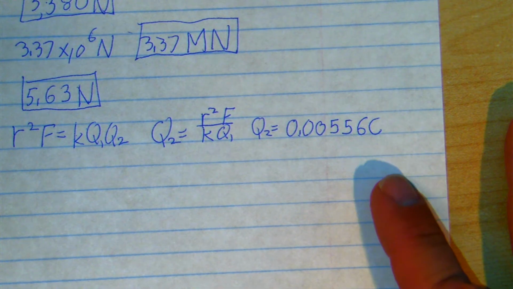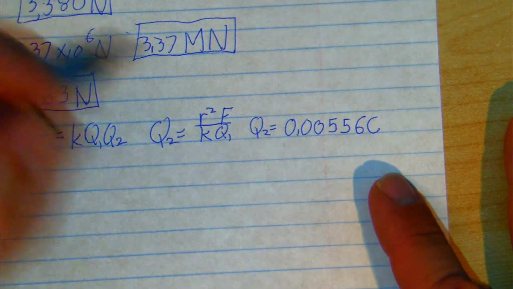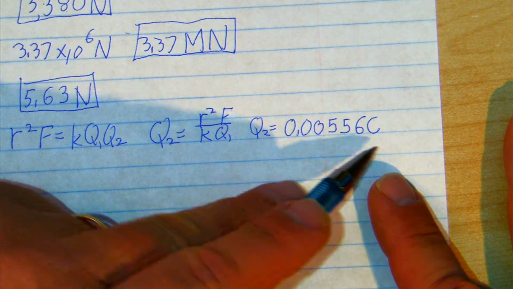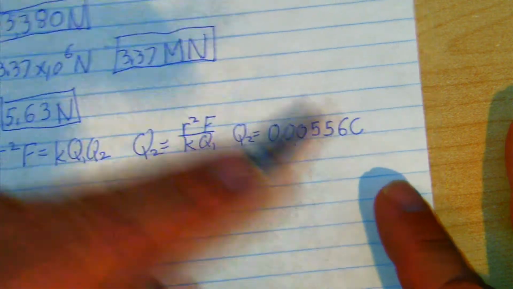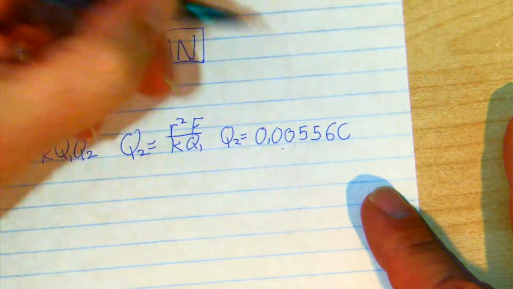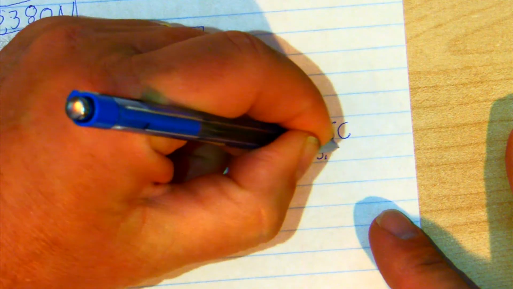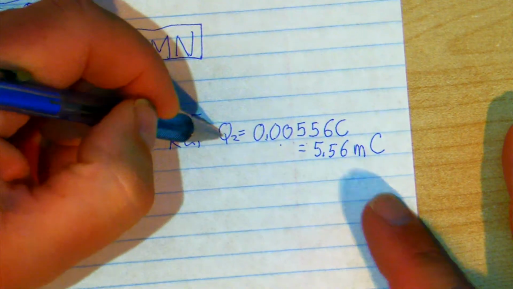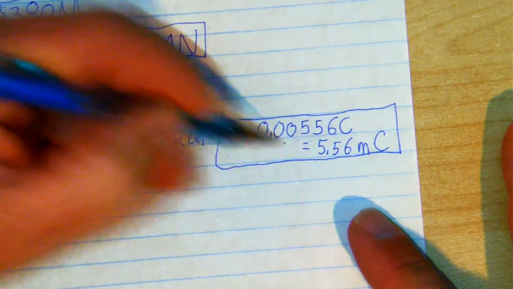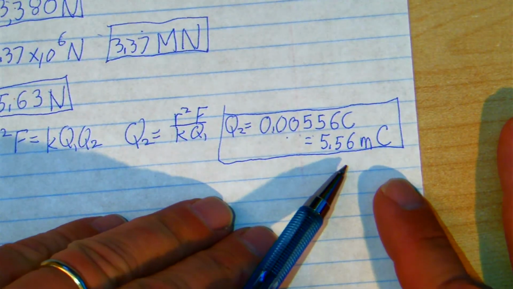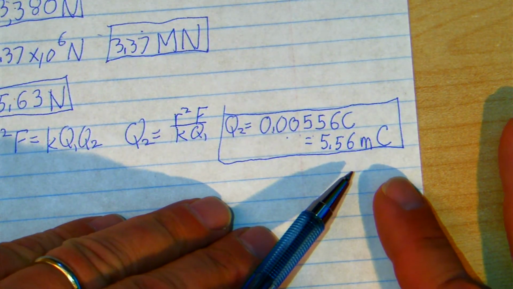Well, there's a Greek prefix that means 10 to the minus 3. It is milli. And if I go 1, 2, 3 to the right, I could say the answer is 5.56 millicoulombs. Okay, these both say exactly the same thing, but one is practicing your skill in using the Greek prefixes to express the answer.